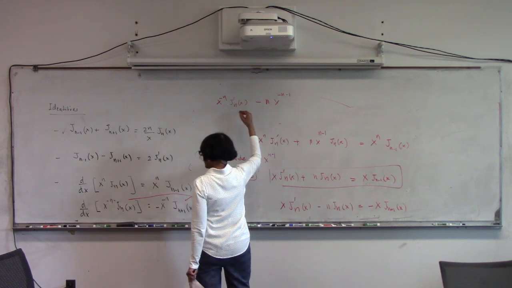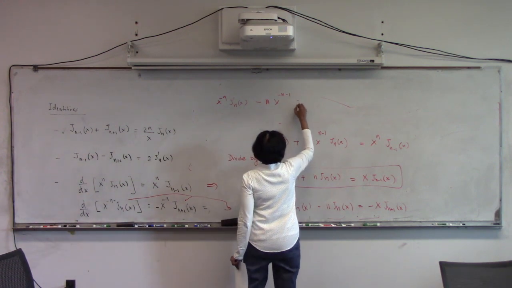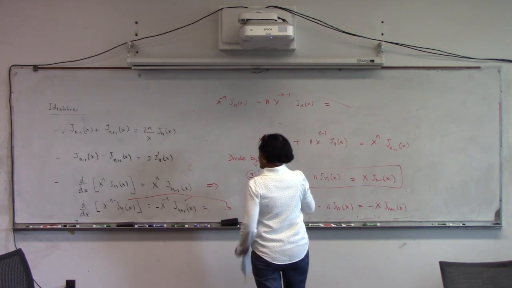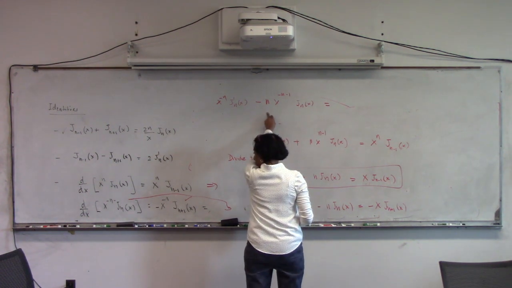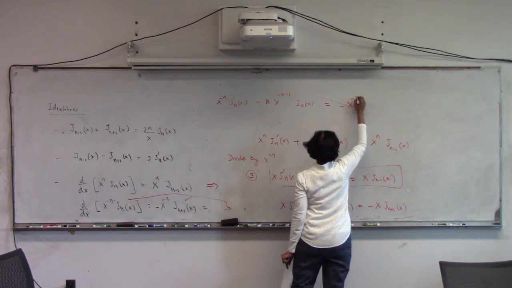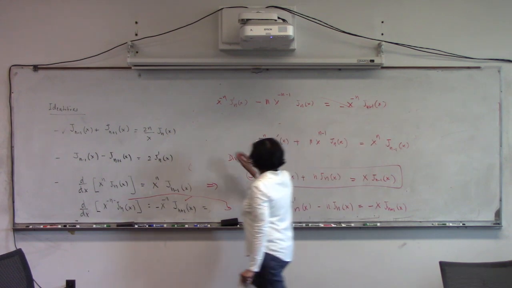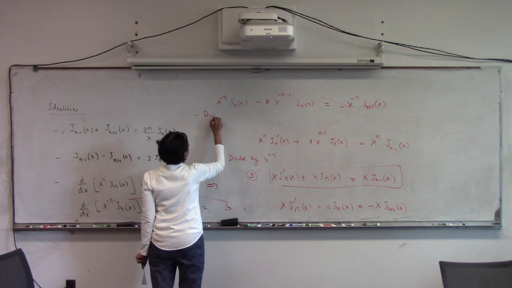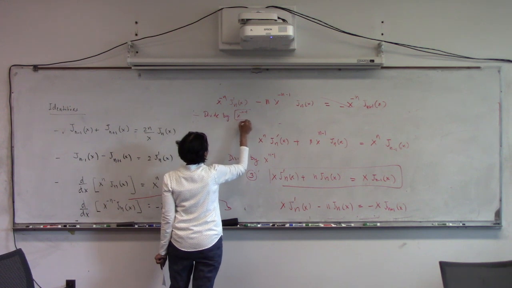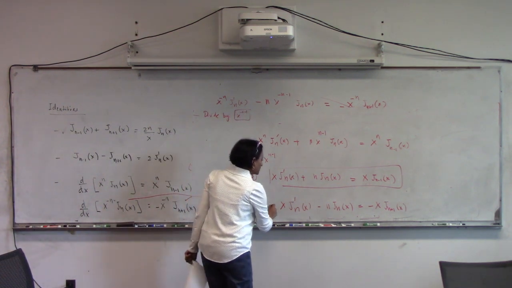And then jnx is equal to negative x to the power minus n j of n plus 1 of x, divided by, in this case, x to the power minus n minus 1. Divide by that, and that should lead to this particular expression.